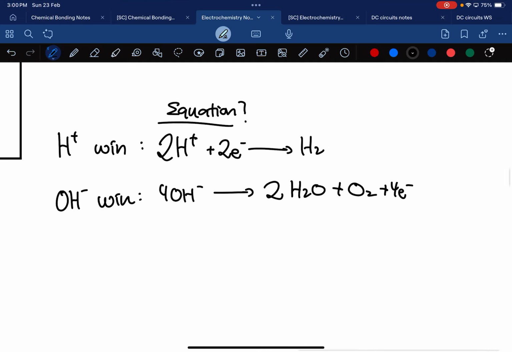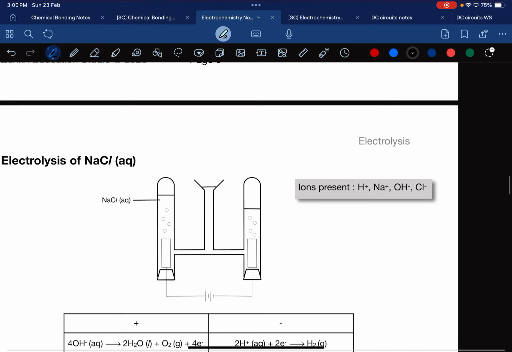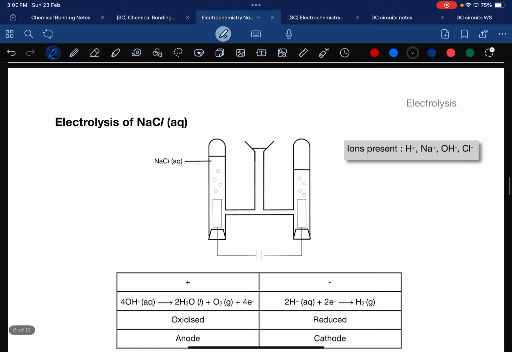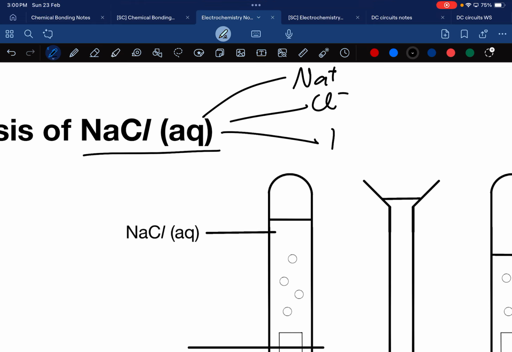If we are okay, let me give you an example of this scenario. Same compound, sodium chloride, but now it is in aqueous state. Within this NaCl aqueous, you have Na plus, Cl minus, H plus, and OH minus, the new ones now, because it is aqueous.